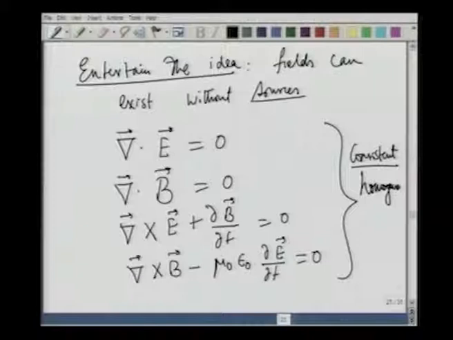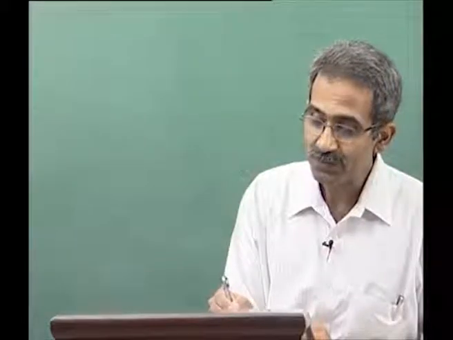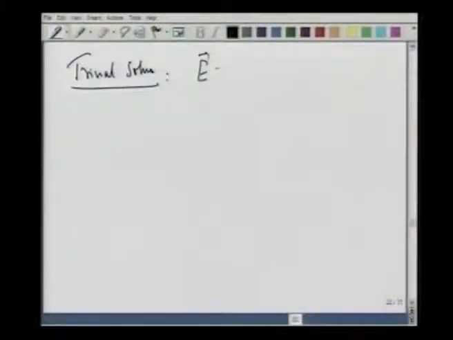Homogeneous, right? What does homogeneous mean? There is either E or B in every one of these expressions. And all homogeneous equations have a trivial solution, and that is what? E equal to 0, B equal to 0. So, the trivial solutions are E equal to 0, B equal to 0. Nothing to do. So, you plug in 0 in the differential equation and you get that.